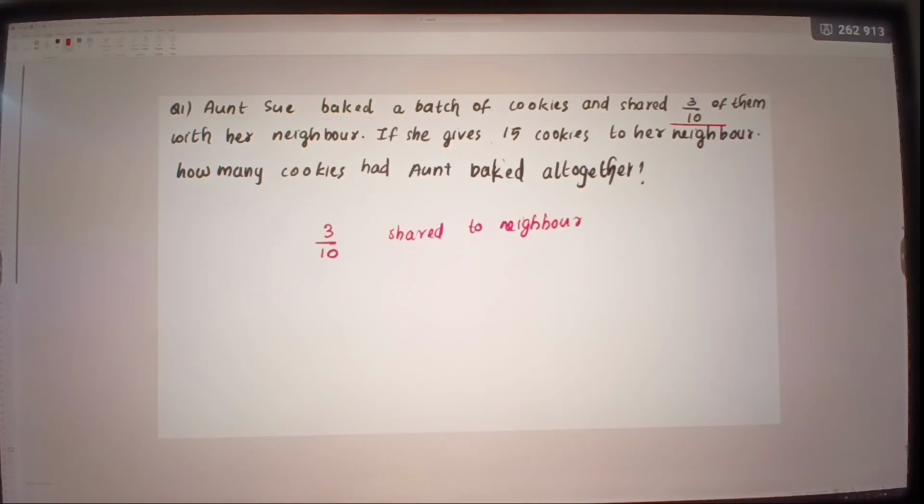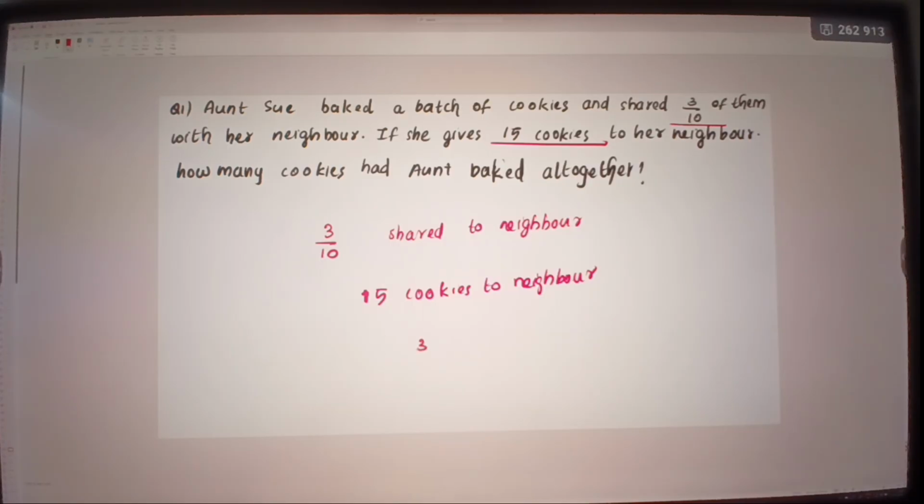So if she gives 50 cookies to her neighbor, that means 15 cookies to neighbor. You want to figure out how many cookies she had baked.